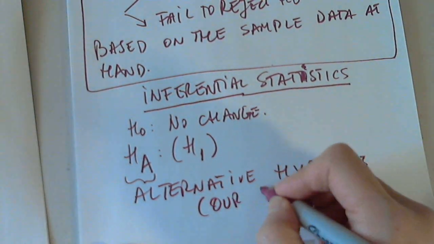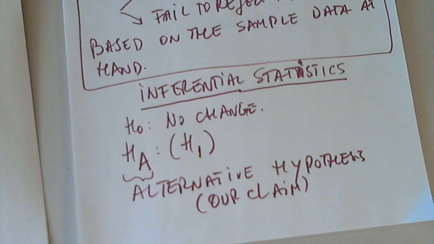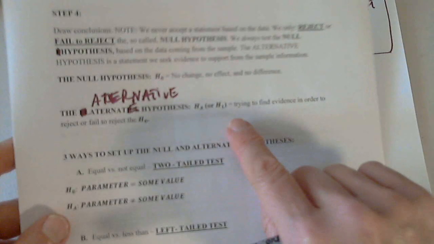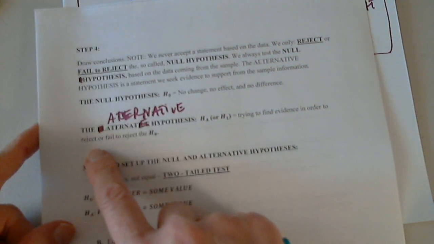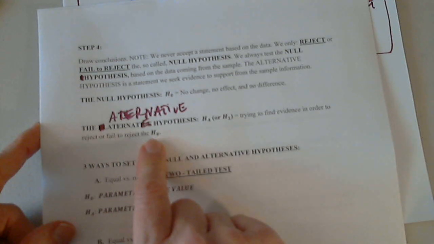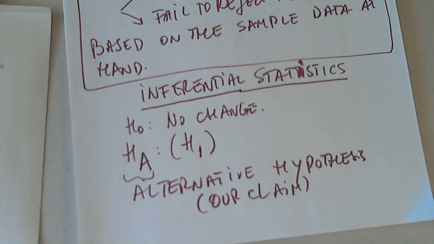Basically, our claim, or the researcher's claim, or something we want to test. So we're trying to find evidence in order to reject, or it's possible to fail to reject, the null hypothesis. Now we know we're going to get to those three ways.